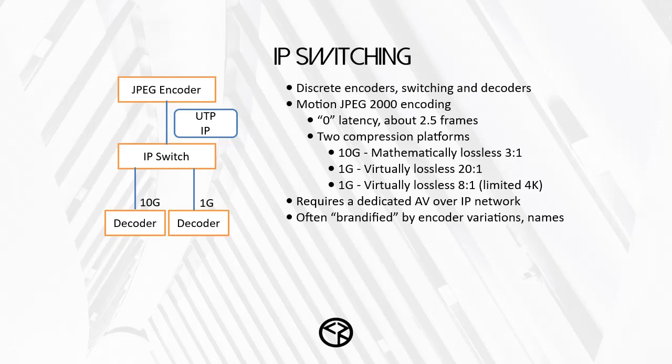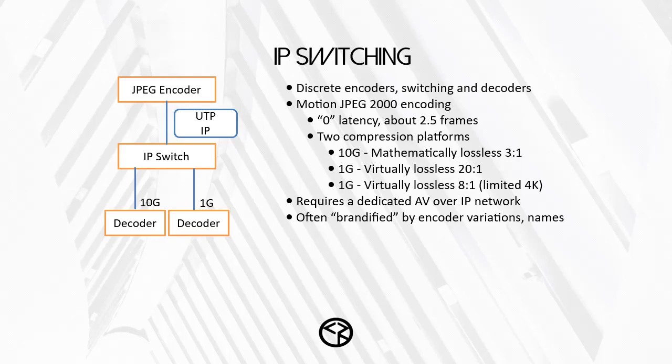Saves a lot of effort. You can use Cat6, Cat5e cable, and that image is compressed to 20-to-1, which gives you a virtually lossless, which just means you can't really see the difference between the original and the compressed image.